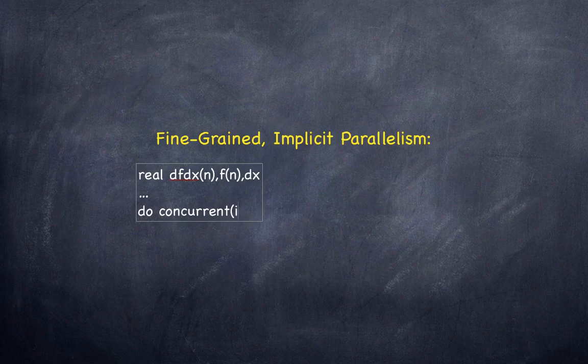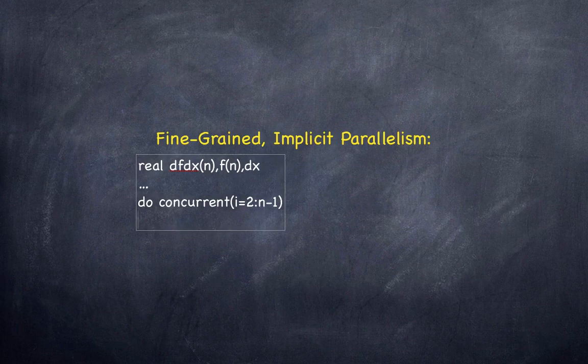And when we write do concurrent, it at first looks like a serial looping construct, like a regular do loop. But in fact, what we're doing is we're communicating to the compiler that there are no data dependencies between the different iterations through this do concurrent construct.